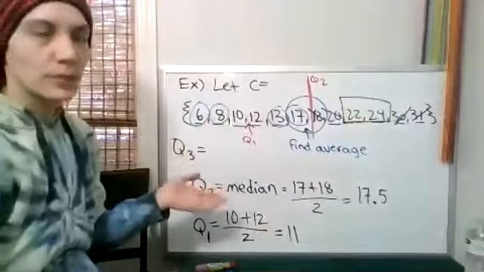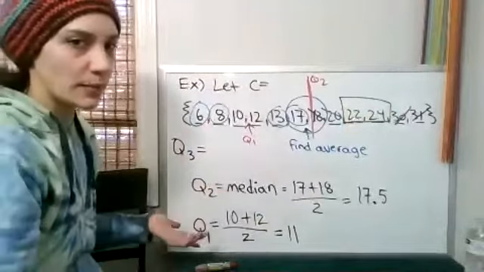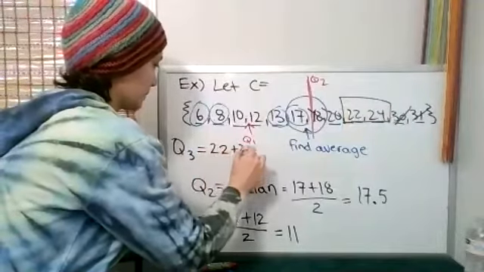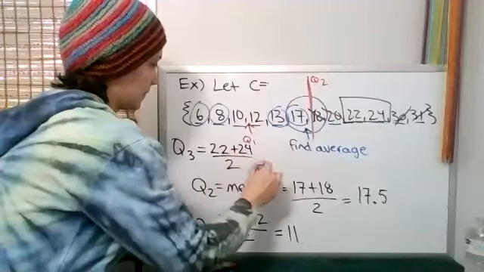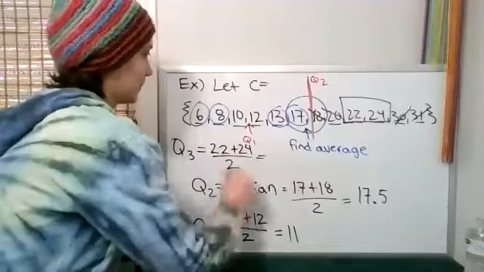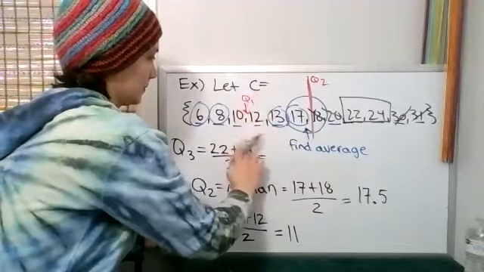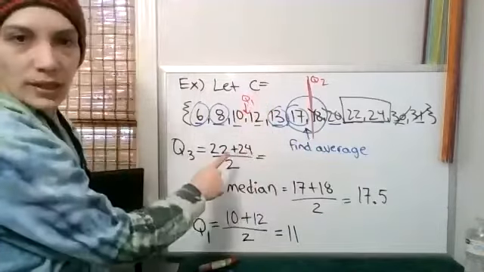So 22 added to 24, divide by 2, will be 23.